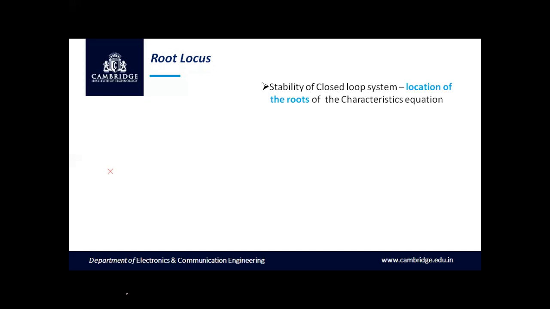Hence, for a closed loop system with a transfer function given by C of s divided by R of s is equal to G of s divided by 1 plus G of s into H of s, the characteristic equation is given by 1 plus G of s into H of s equal to 0. And for stability, it completely depends on the location of the roots of this characteristic equation.